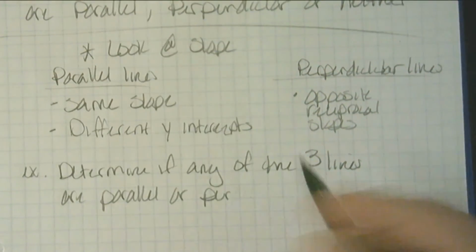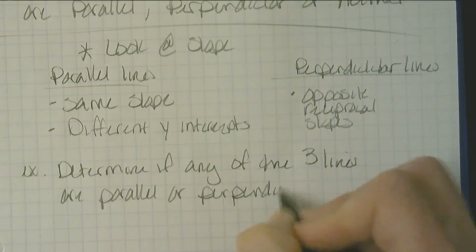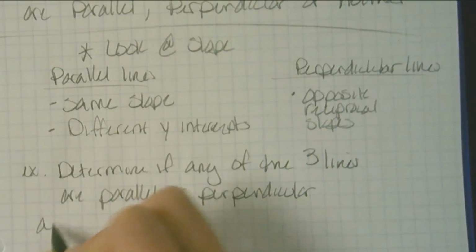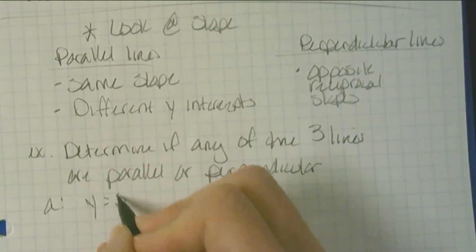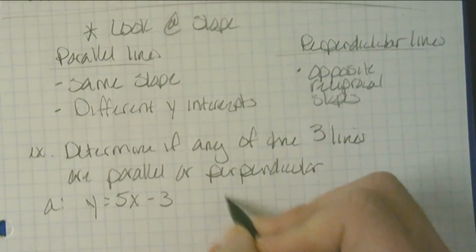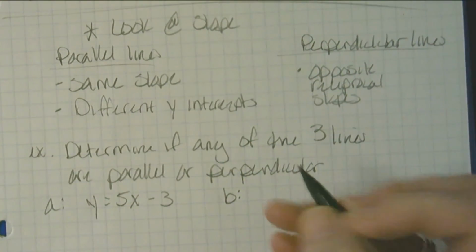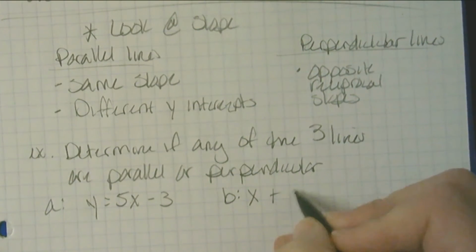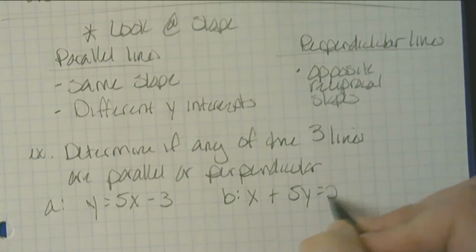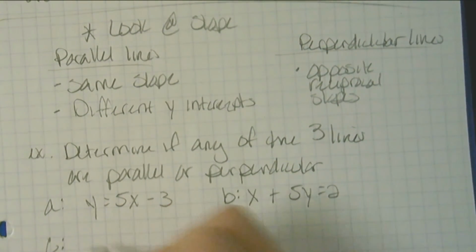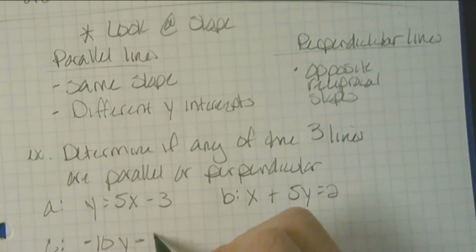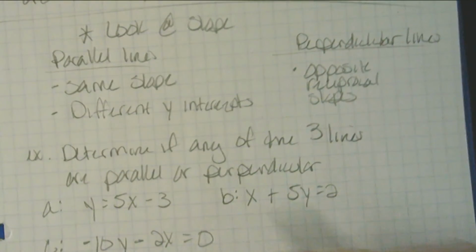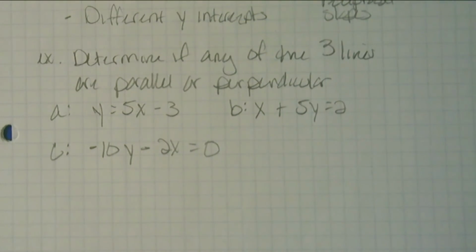A is going to be y equals 5x minus 3. Line B is x plus 5y equals 2. And line C is negative 10y minus 2x equals 0. So there are my 3 lines.